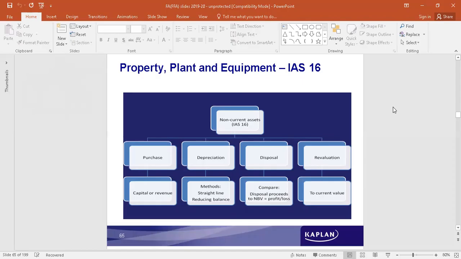As long as it is not realized completely, that portion of the asset will continue to appear in the books of accounts as an asset. So this is an asset for a long period of time, a long-term asset, or we call them fixed assets or non-current assets.